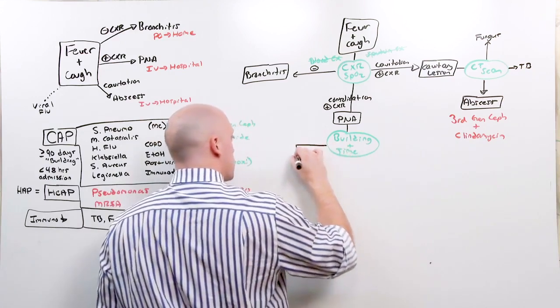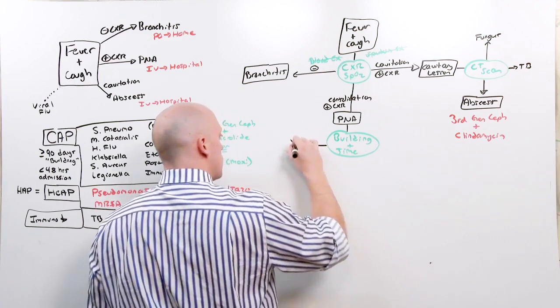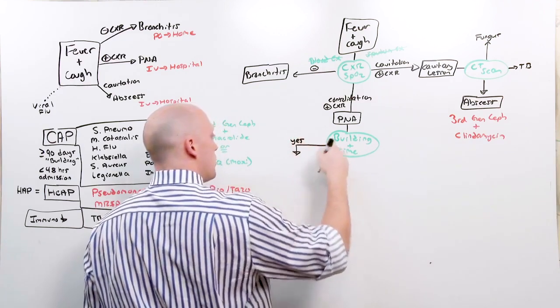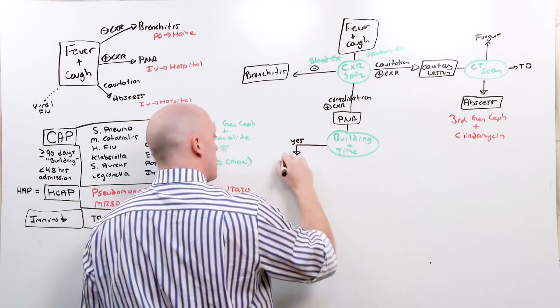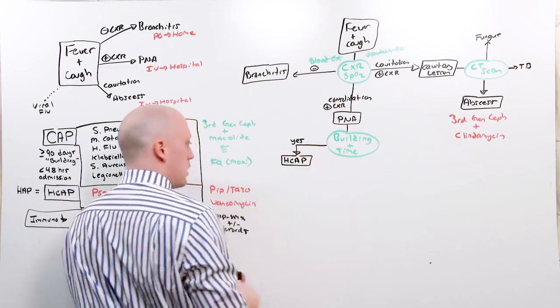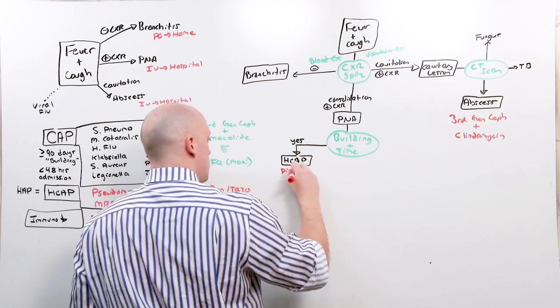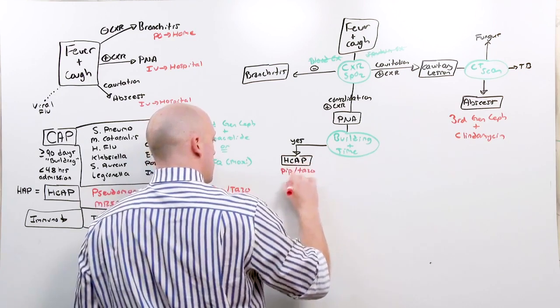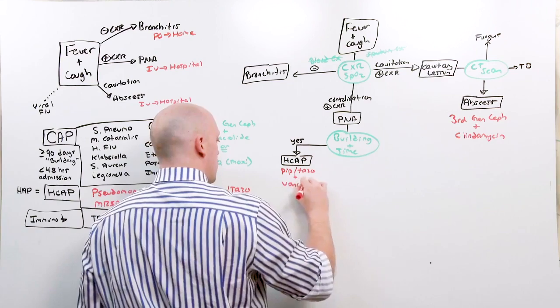If that's true, that is, they have exposure or they've been in the hospital, they have an HCAP, and they need to be treated with anti-pseudomonal coverage, piptazo, plus MRSA coverage, vancomycin.